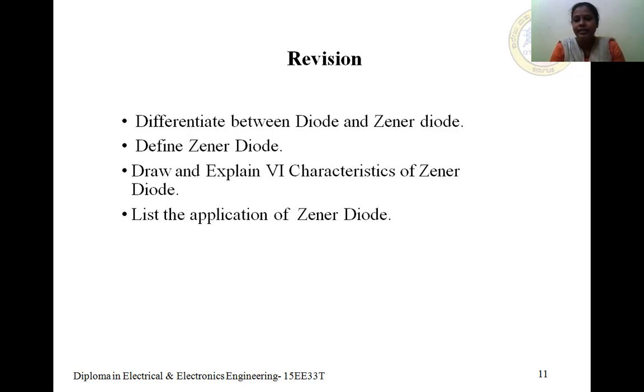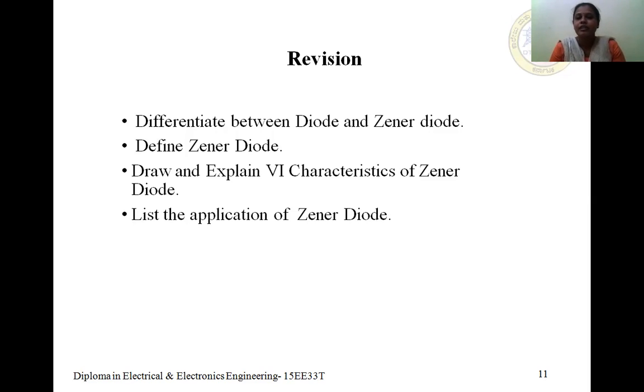That point we call the knee point. At that point the voltage is constant, and the region of operation we call the breakdown region. We have to plot the graph and explain the forward bias and reverse bias characteristics for this question.